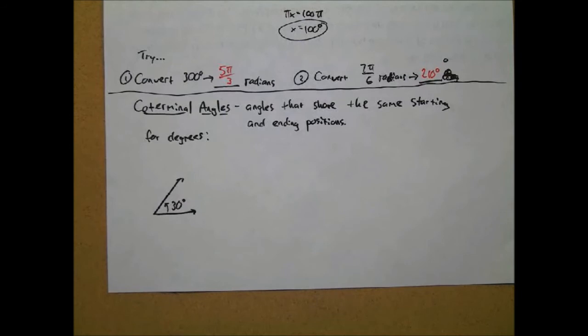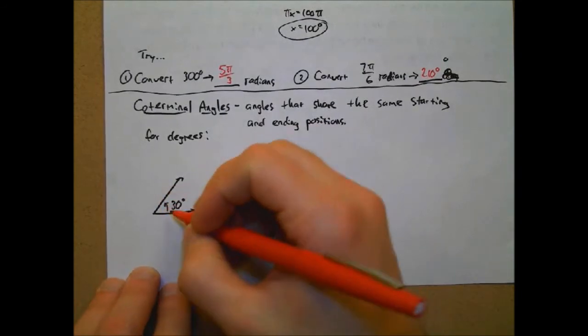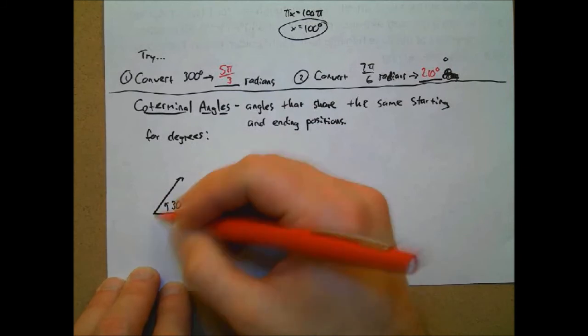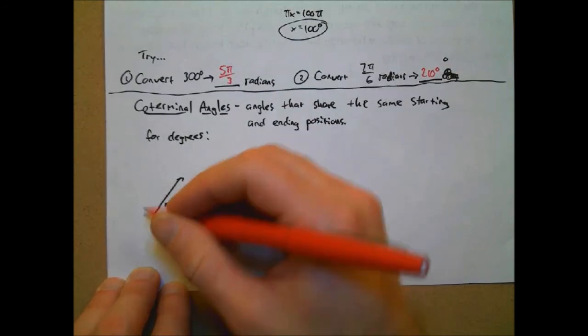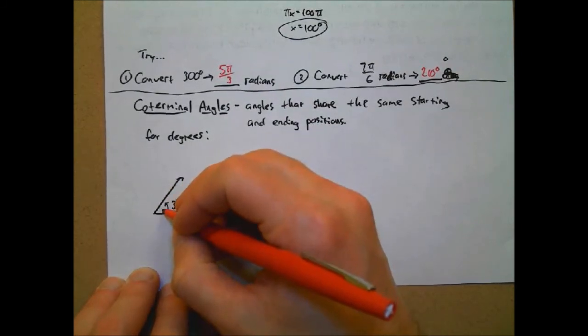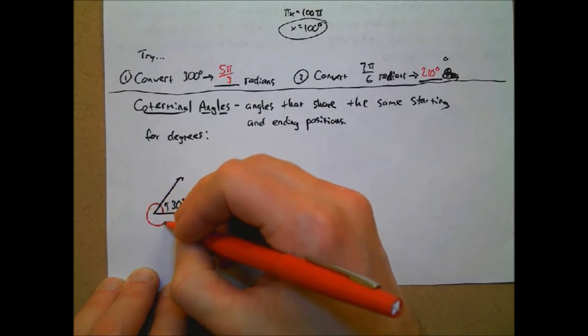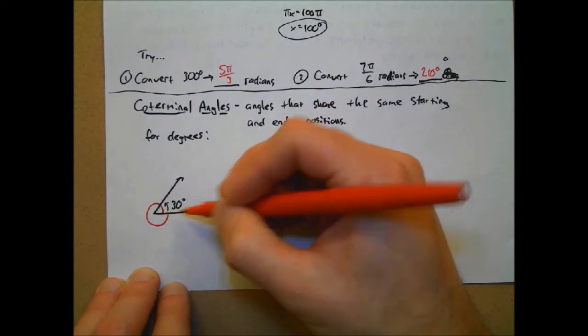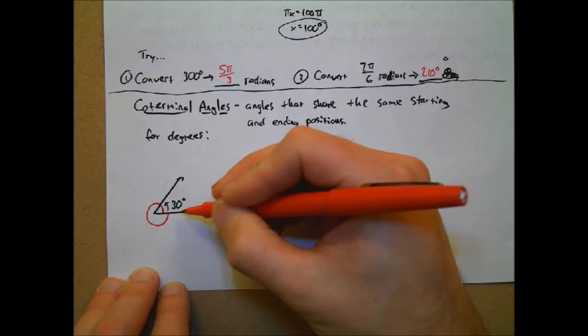But anyway, so a 30-degree angle, right? What I could also do to have the same starting point and the same stopping point here, I could go 360 degrees around so that I'm back to where I started and then go 30 degrees more.